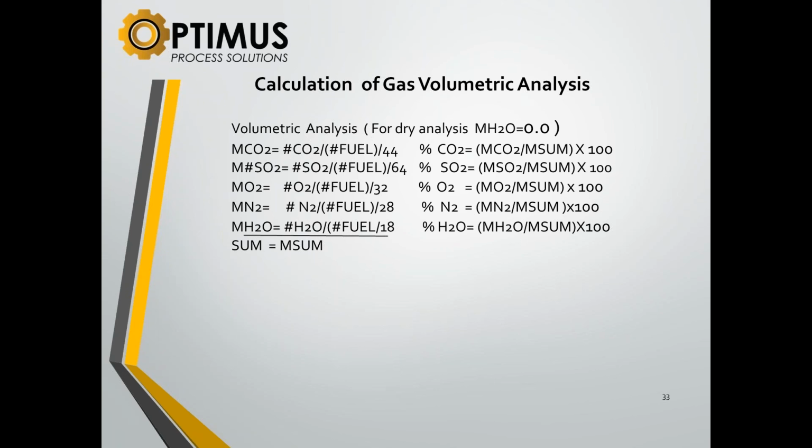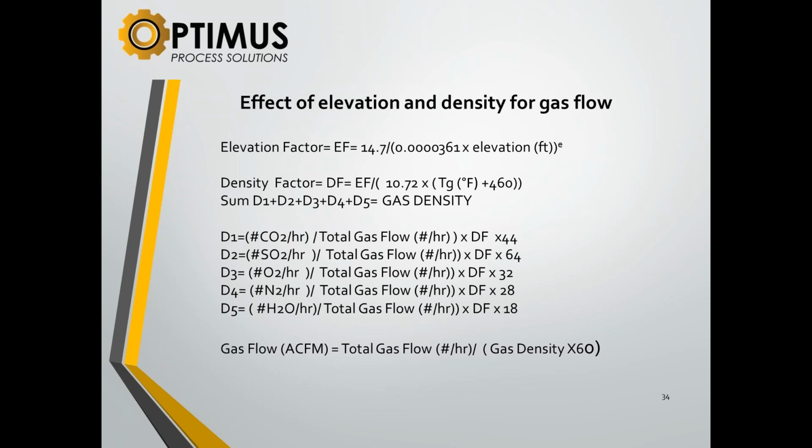Now, there are some things you have to take into effect. If you're on top of Mount Everest, the gas flow will be considerably different than it will be in Panama City. So you have to take into effect the elevation above sea level, and also the gas temperature, which is readily measured with the thermocouple inside the kiln.